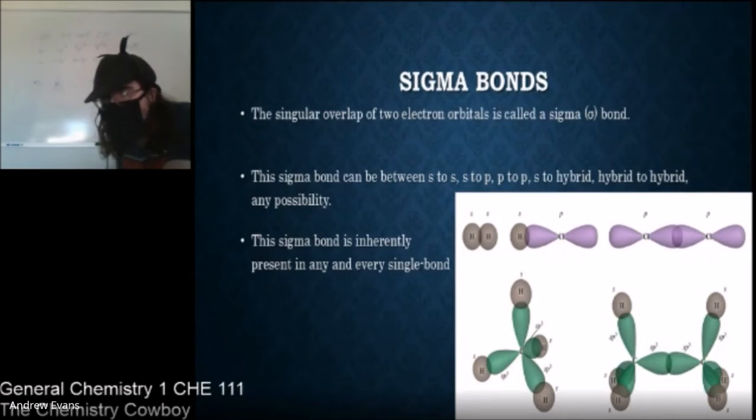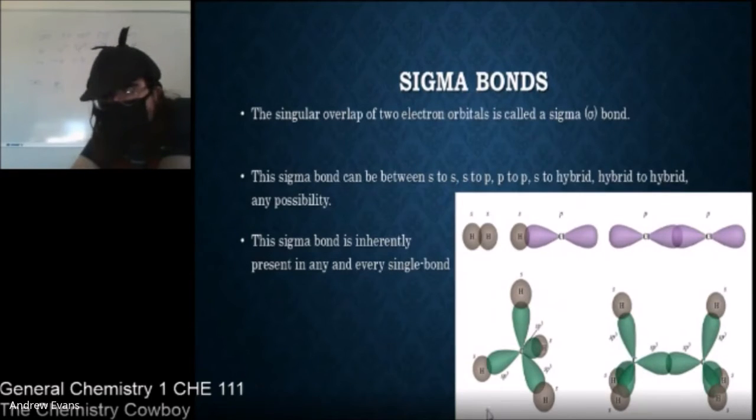And all atoms typically have mostly sigma bonds, where the first bond between atoms is always a sigma bond. That's the first bond it'll make, the easiest to do.